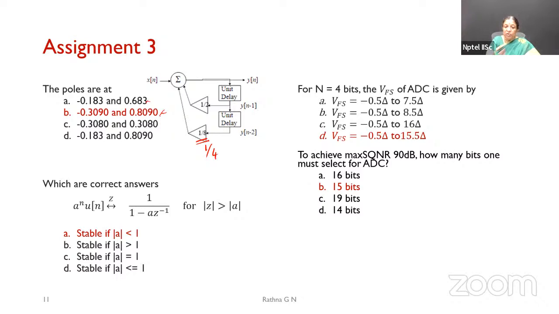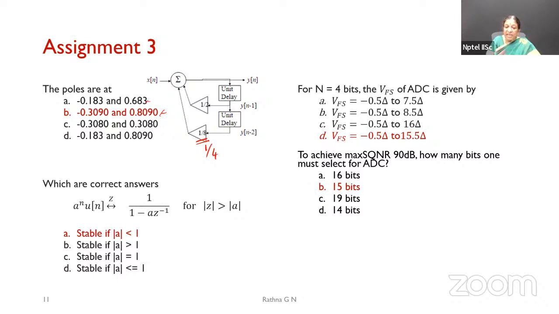We have asked which are the correct answers if you have been given a to the power of n u of n. If I do the z transformation, it is given by 1 over 1 minus a z to the minus 1, for magnitude of z in the z domain greater than magnitude of a.